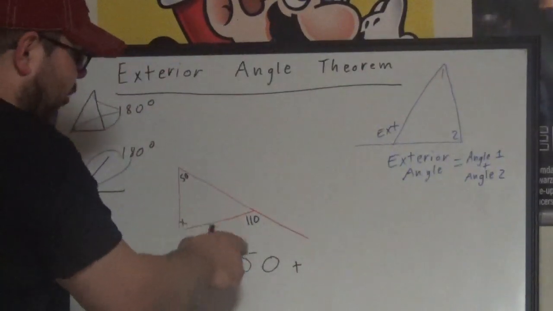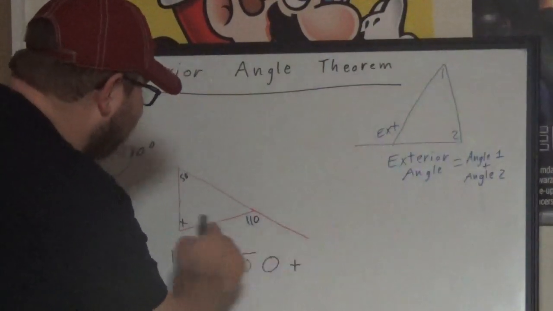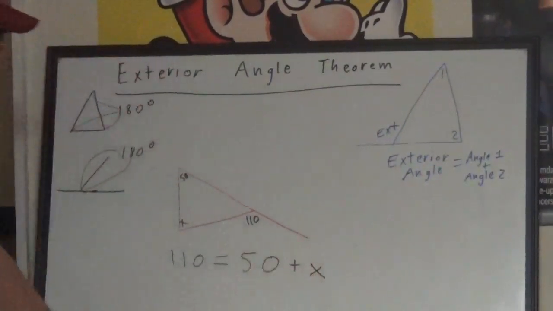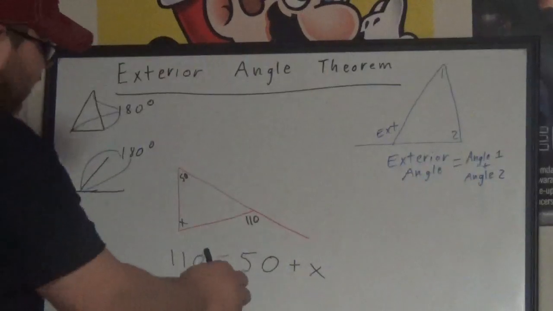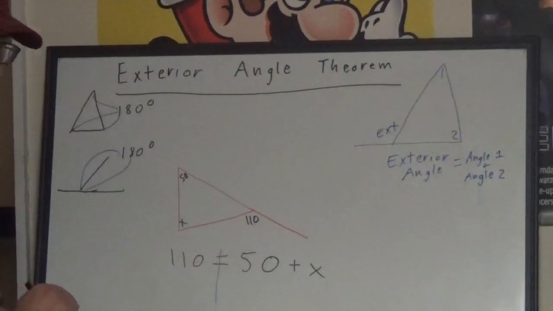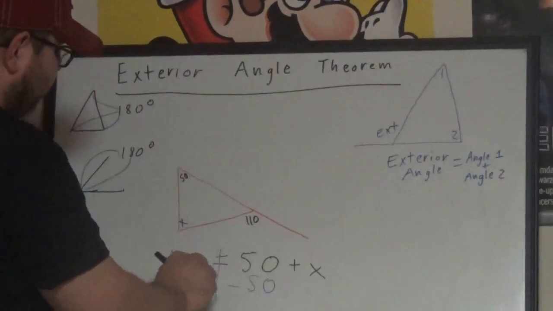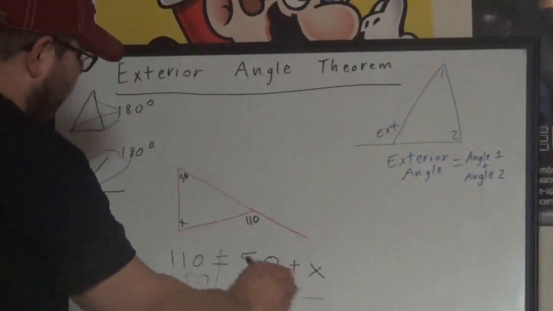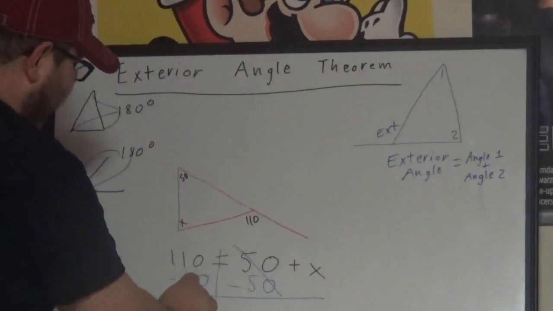So that's what we're going to find. 110, the exterior angle, equals 50 plus X. Hopefully you can recognize this as a very easy one-step equation in which we solve for X. We would take 50, draw a line down the middle of the equal sign, minus 50 on each side, and 110 minus 50, of course, equals 60.